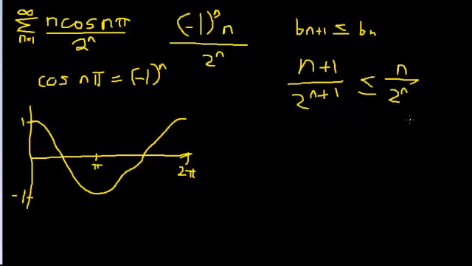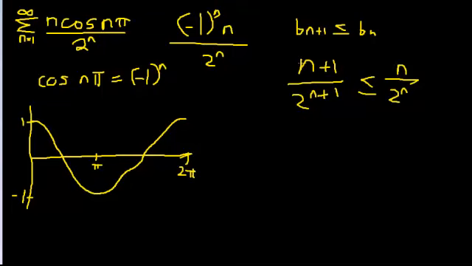Now just by looking we could tell that it's less than, because the denominator is going to be greater here than here. Even if we let n be 1, that'll be 1 over 2, and for n equals 2, that would be 2 over 4.